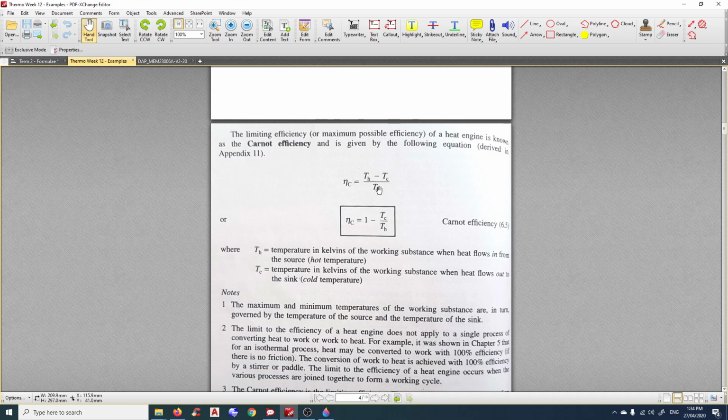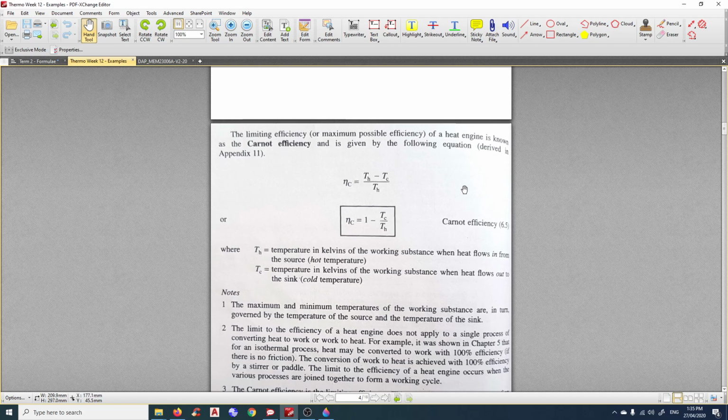So Carnot formulated this efficiency, and they call it Carnot efficiency or maximum possible efficiency. And the formula is very simple. It's just based on the temperature, TC for cold, which is the sink temperature, and TH is T hot, the temperature of the source.